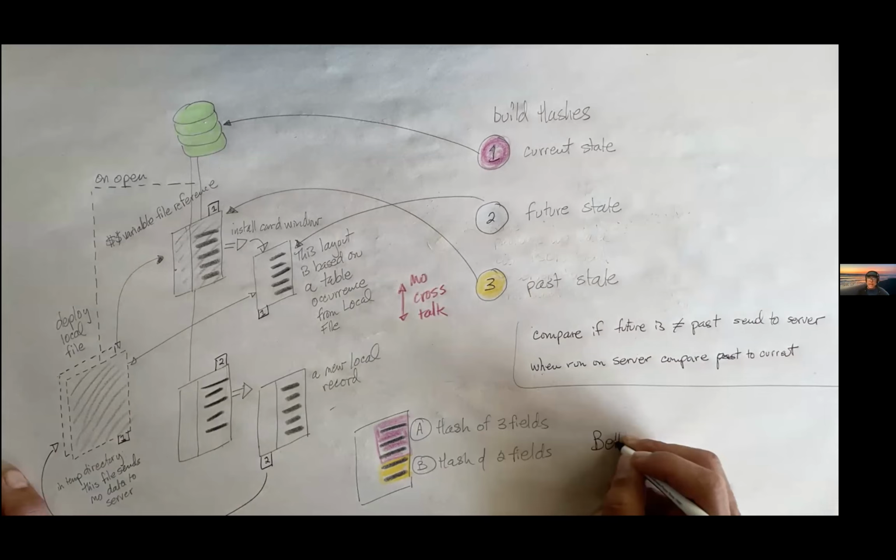Now, the reason we use hashes is because some people might be interested in only a subset of the fields on a specific record. Maybe it doesn't matter if the record's been modified by two different users, because two different fields were modified in two different ways.